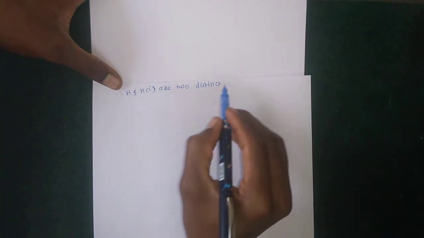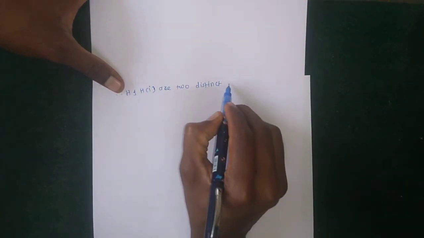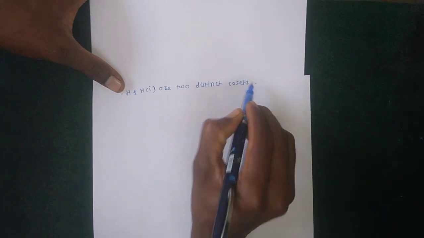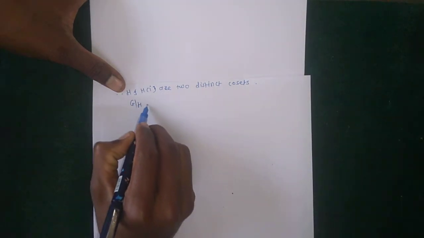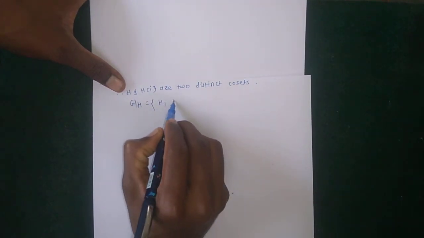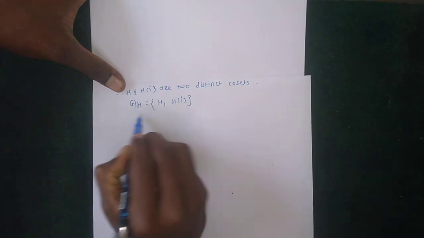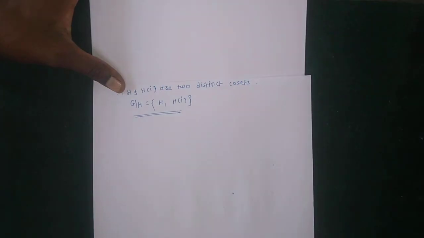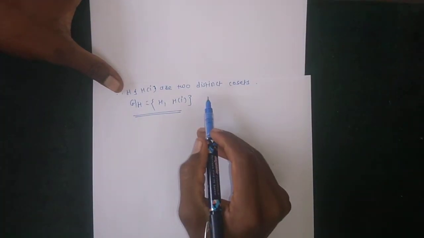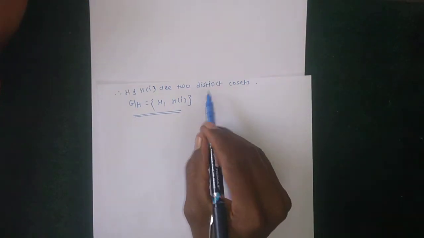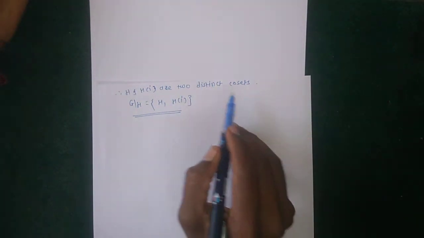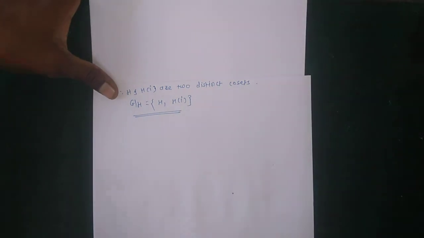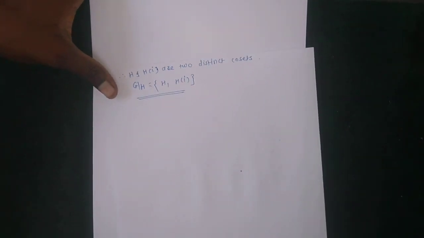Okay, therefore H and H of I are two distinct cosets, and therefore G over H equal to H and H of I. Okay, set of all cosets. Okay, means to find factor group, first find cosets of this set, and set of all cosets is called factor group.